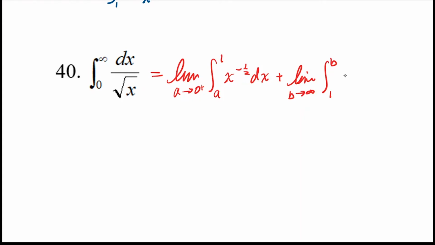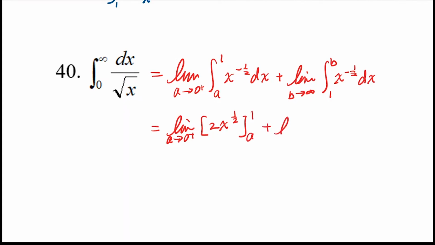Okay, and then x to the negative 1/2 power dx. You guys with me? Now, that is equal to the limit of a approaching 0, and this becomes x to the 1/2 power, therefore 2, from a to 1, plus the limit of b approaching infinity of, same thing, 2x to the 1/2 power, 1 to b.